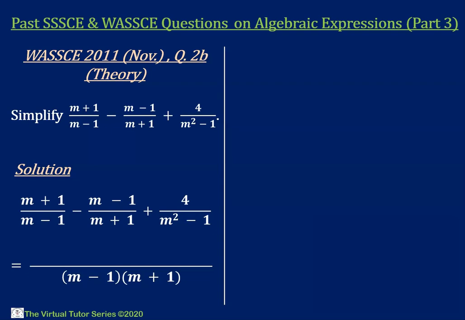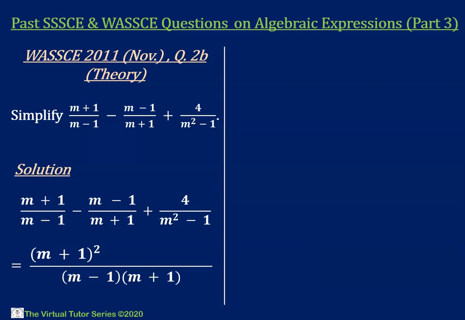The next step is to express all fractions in terms of the LCM. m minus 1 into the LCM is m plus 1, and m plus 1 times m plus 1 is into bracket m plus 1 all squared.